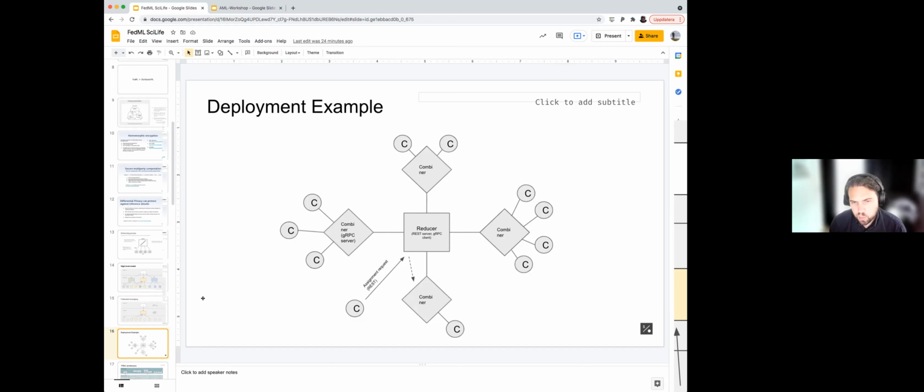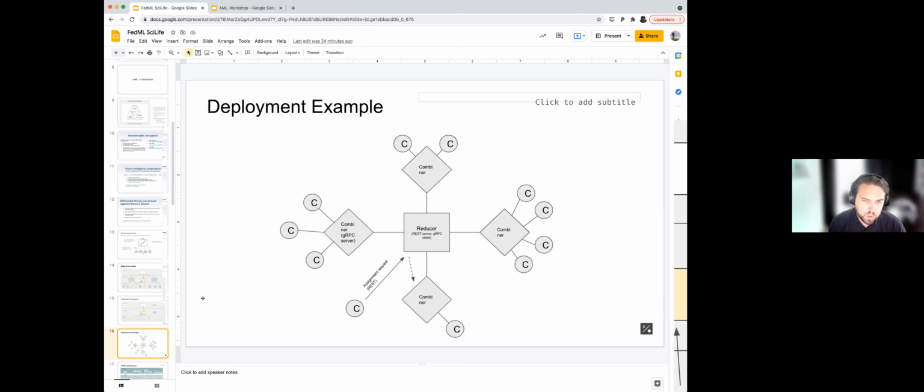When a client connects to our system, it gets assigned to one of these combiners, and then there is the reducer, which runs a discovery service, and a controller that programs against the combiner network and coordinates the training cycles.